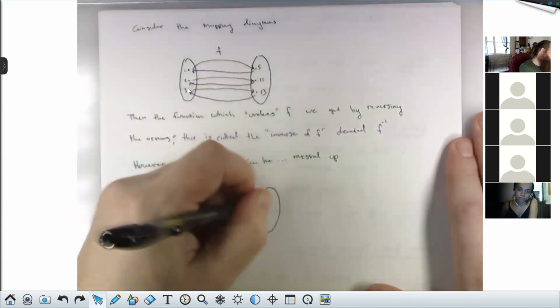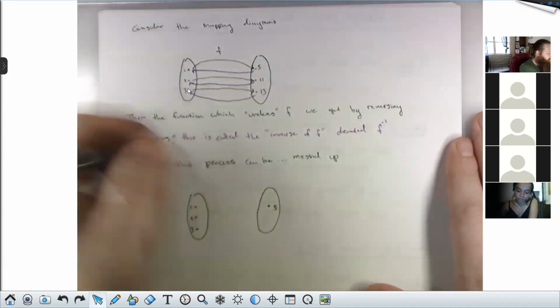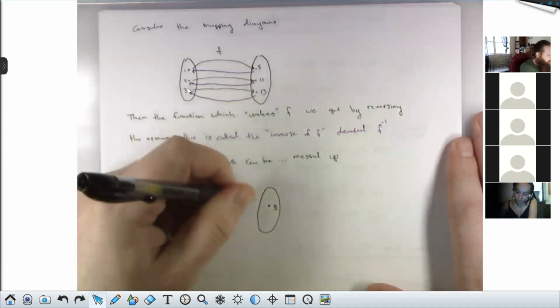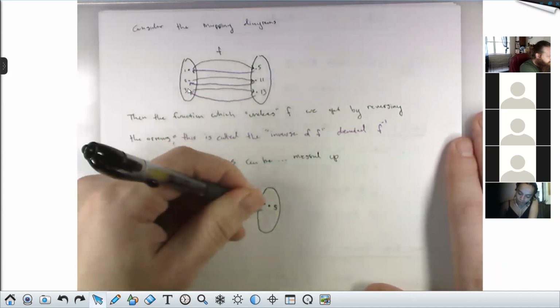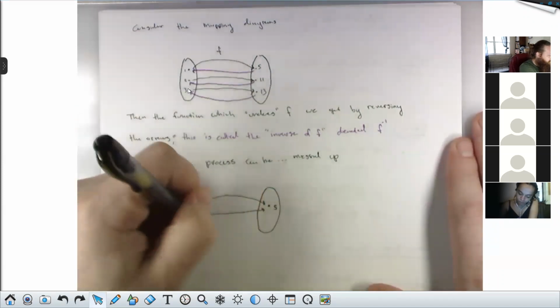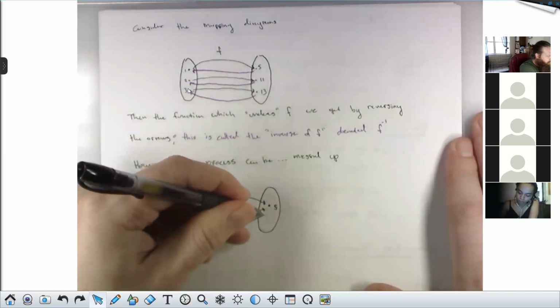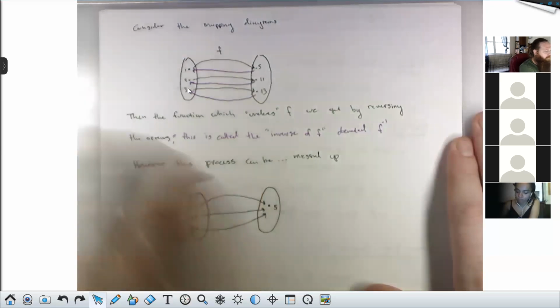And in the range, let me just put the single element 5. And let's say f sends all of these, 1, 2, and 3, all get mapped to the number 5.